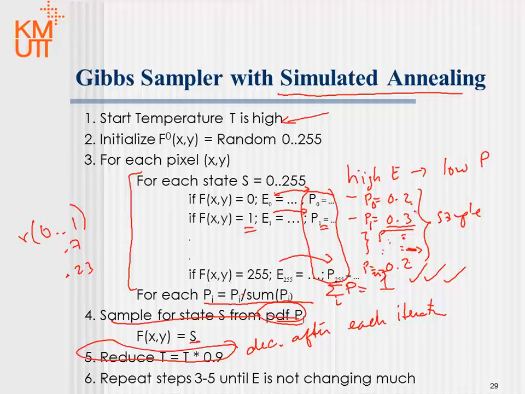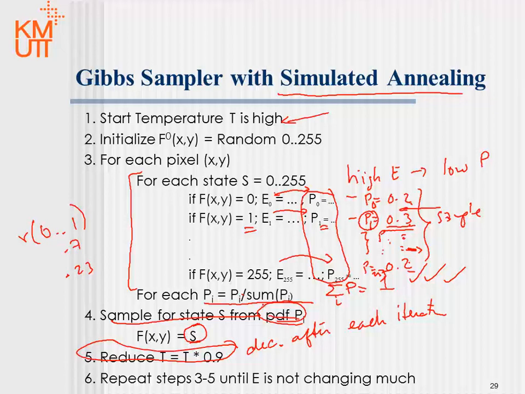But if we get 0.23, we will choose P1, because P0 is 0.2 and then this goes up to 0.5. If we add it up, the whole thing will be up to 1. I'll show you that in a moment. Basically, you choose a random number, and based on that, you find a state.